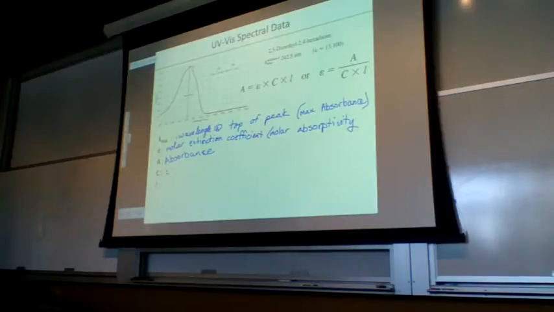C will stand for our concentration, and that should be moles per, let me double check, I think it's per. Yeah, the molar concentration, moles per liter. And length, L stands for the length of the tube, or the cell, in centimeters.